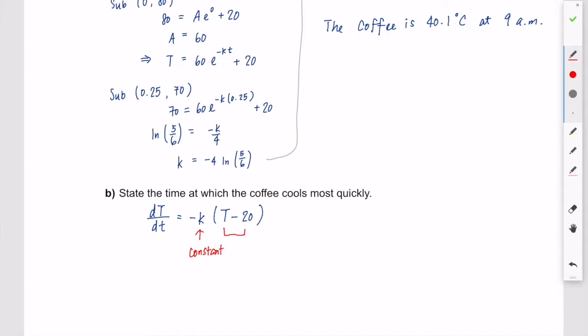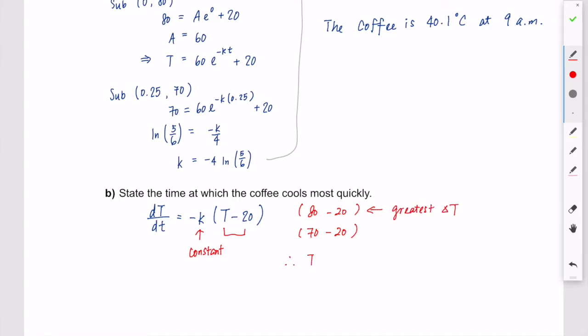So what will guarantee that we have the largest value generated from the right side of this equation? Well, the largest value will come from having the largest difference in temperature, right? Say in the beginning you have like 80 minus 20 at time t0. And then at 7:45, we said that this is 70 minus 20. So notice how the value of dT by dt is the greatest when I have the largest difference in temperature, okay?